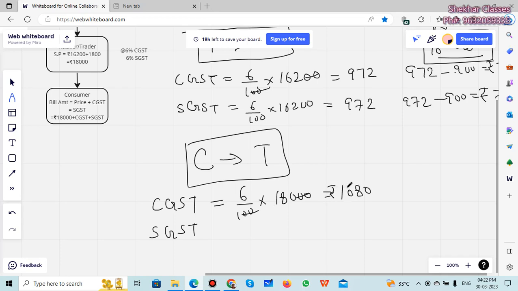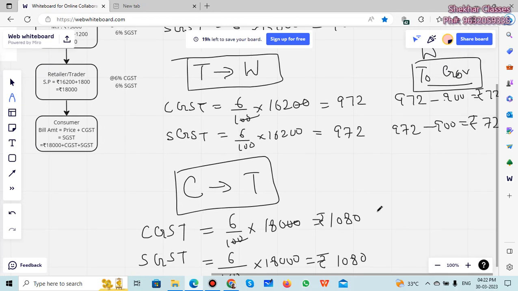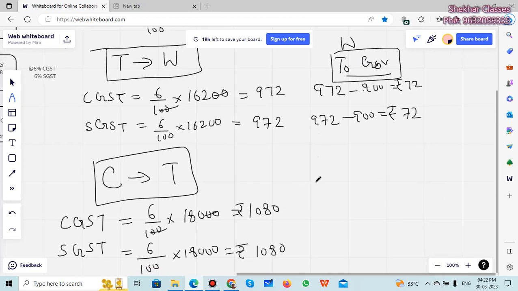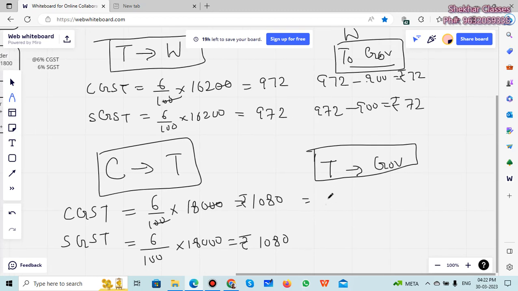This is what he will get from the consumer. Same over here, SGST, 6 upon 100, 6% of 18,000. So that also will be 1080. Now since the trader has already paid a tax of 972 earlier, how much will he pay to the government, trader to government, by his own GST account number? 1080 he has collected, that's the output tax.